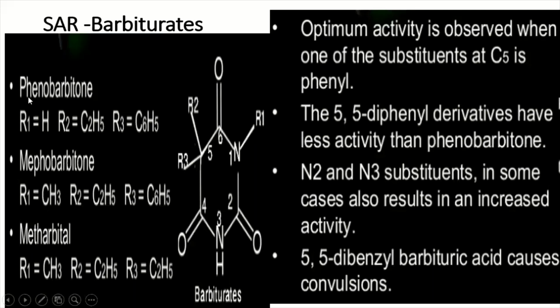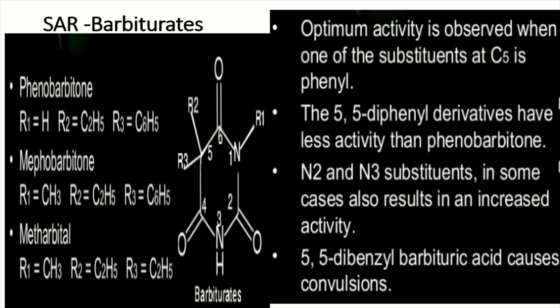Phenobarbitone and mephobarbitone consist of the phenyl group, so they possess anticonvulsant property. Whereas if it is a diphenyl derivative, that is, in this fifth position R2 and R3 are two aromatic rings, then that compound has less activity than phenobarbitone.